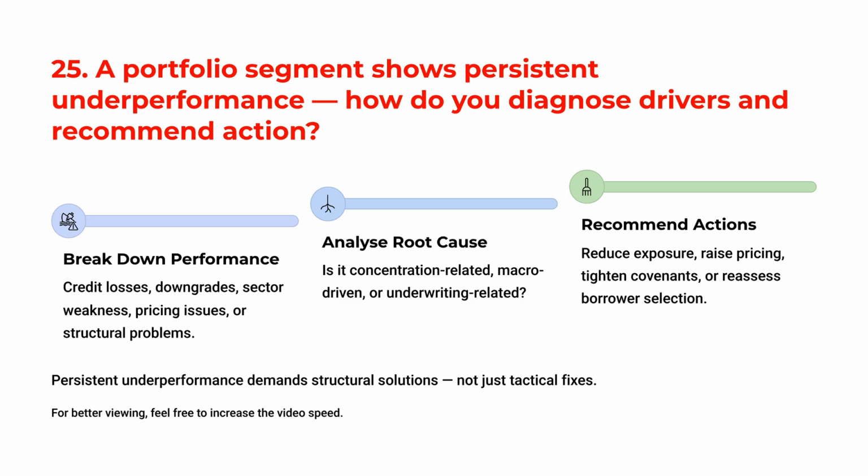You analyze whether the issue is concentration-related, macro-driven, or underwriting-related. Then you recommend targeted actions: reducing exposure, raising pricing, tightening covenants, or reassessing borrower selection. Persistent underperformance demands structural solutions, not just tactical fixes.